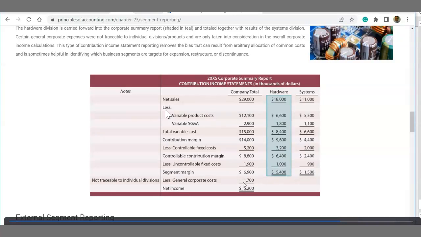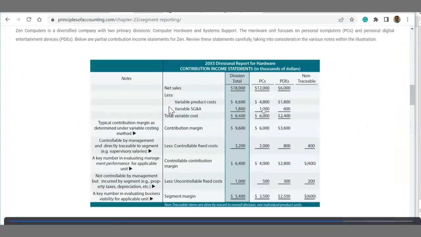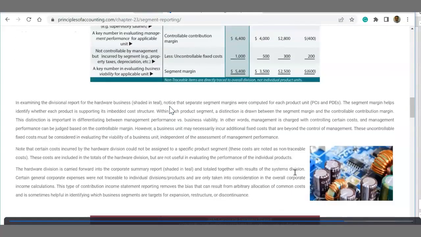General corporate cost is about $1,700, which will be deducted from the segment margin. And finally, we get to the net income. So as you see, this is reporting for the inside of the company. And you see the two divisions, and each division might have two subdivisions, like PC and PDE in this category.